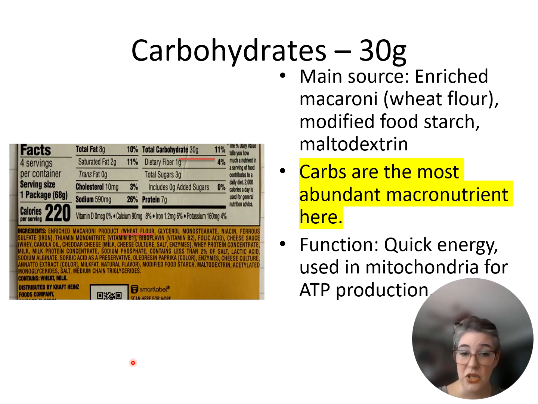It's quick energy, and that's what our carbohydrates are for. So if you were to need energy to take a test, for example, eating a single serving of Velveeta mac and cheese could be an excellent source of quick energy to get you through one test. This is not going to get you through a whole day or a whole week, though. So it's quick energy.